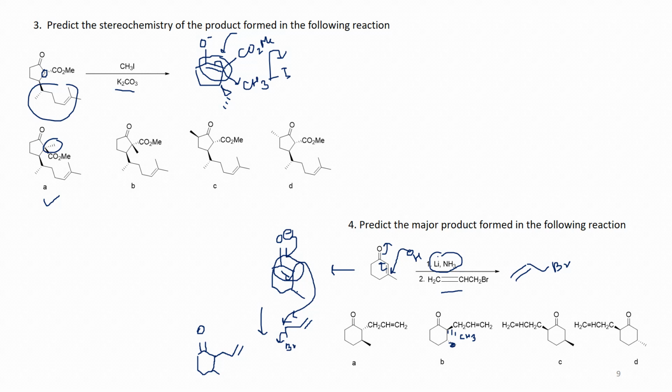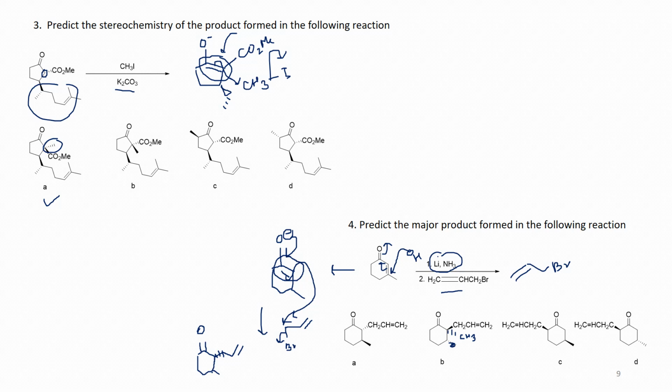It will suffer less steric interaction. If the already present group is above, then the incoming group will take the opposite plane, so it will go below the plane.